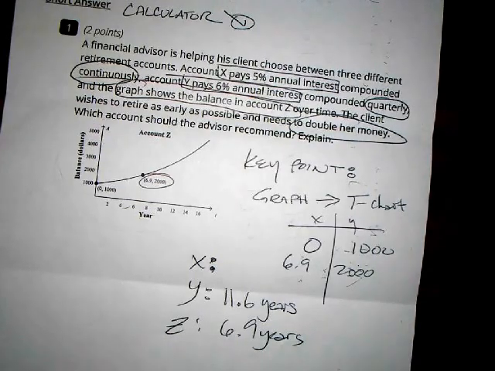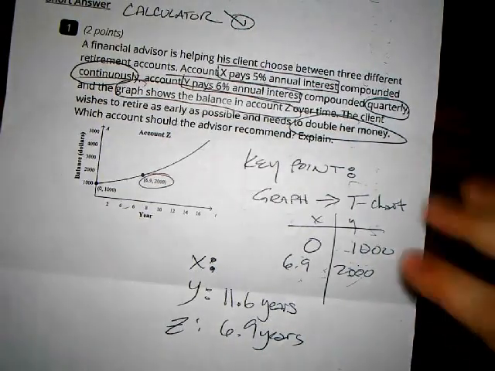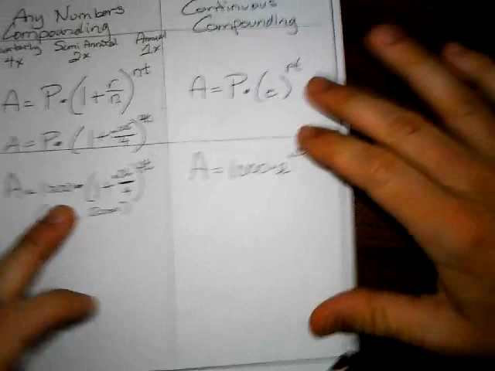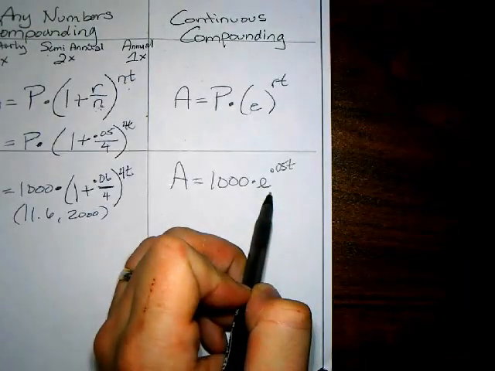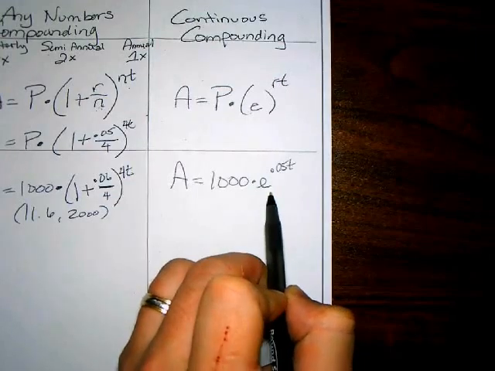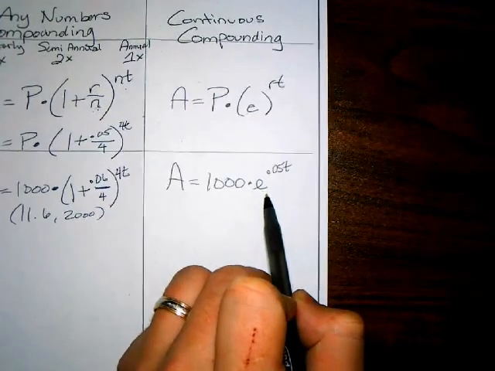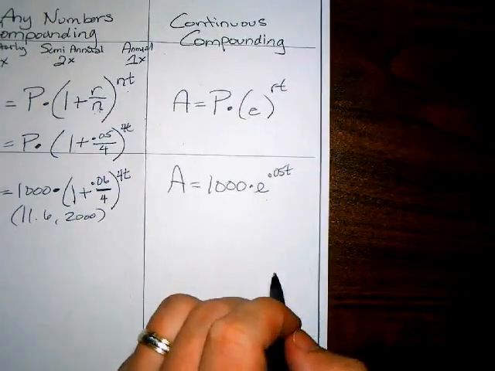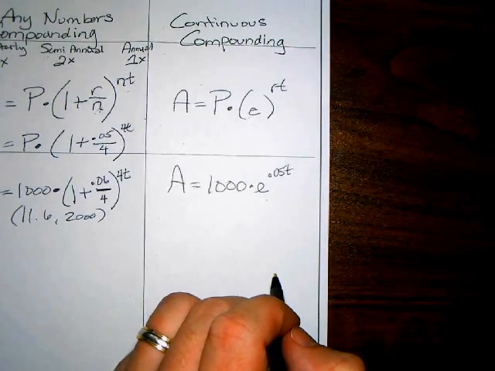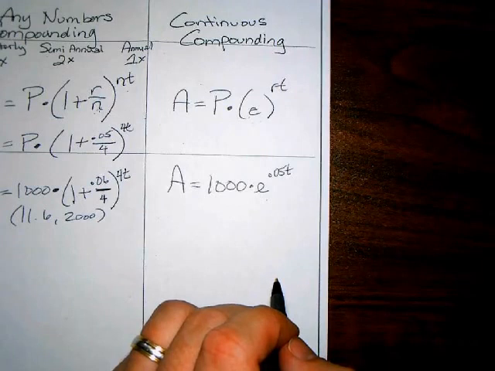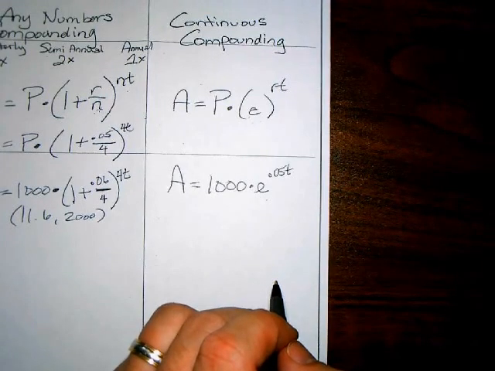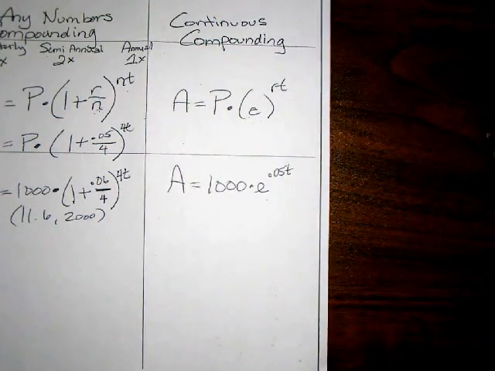All right, let's take a look at what we got. So we put in this equation into the calculator. And we get to take out all of this stuff. We don't need any of that in our equation. There we go.